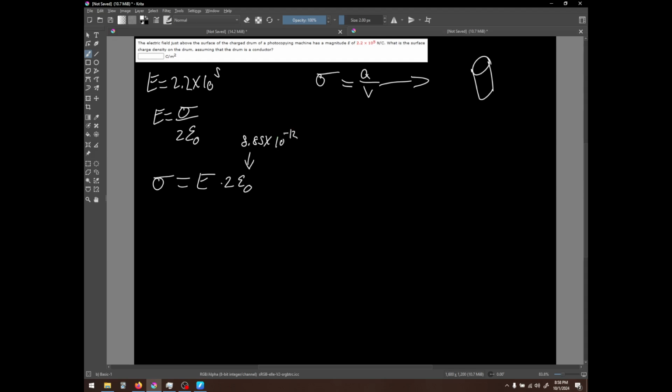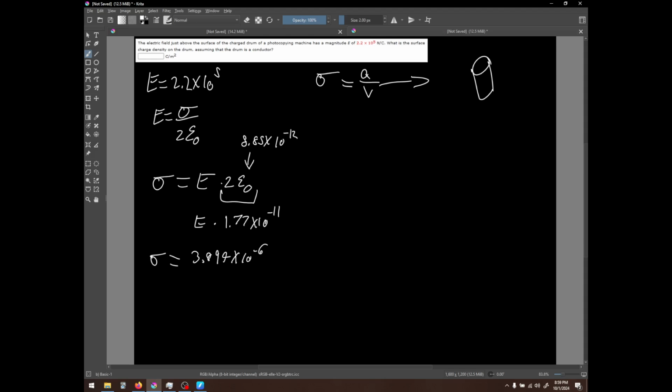So twice that becomes 0.77 times 10 to the negative 11th. I'm just going to multiply this times E, times 2.2 times 10 to the 5th. I'm getting the charge density is 3.894 times 10 to the negative 6th.